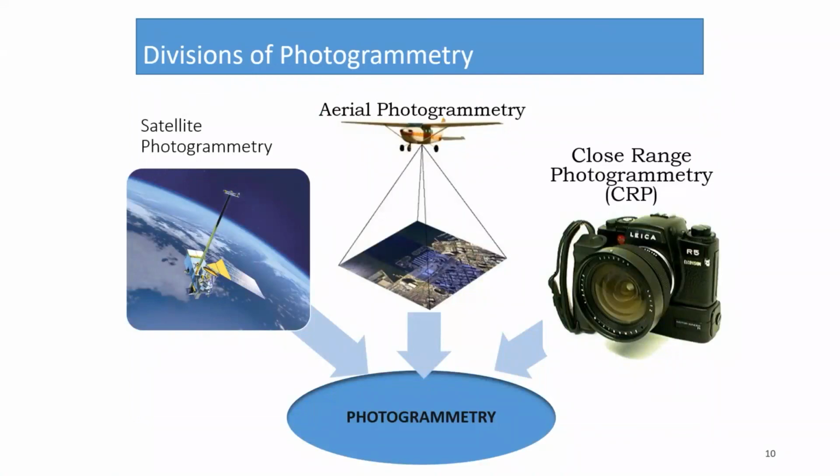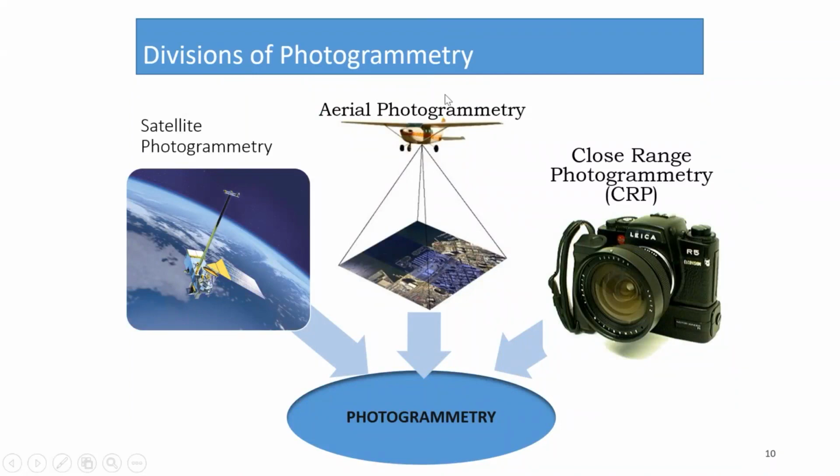Divisions of photogrammetry: it can be satellite photogrammetry, where the satellite takes the photographs. Actually these are not called photographs but satellite images, but they can also be used in photogrammetry using photogrammetric principles to extract reliable information.